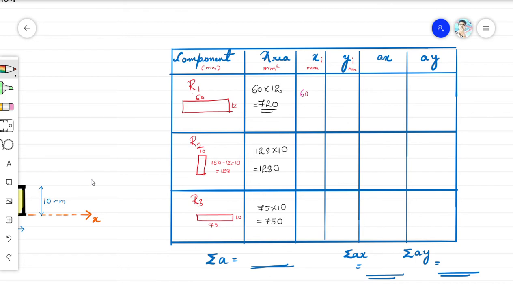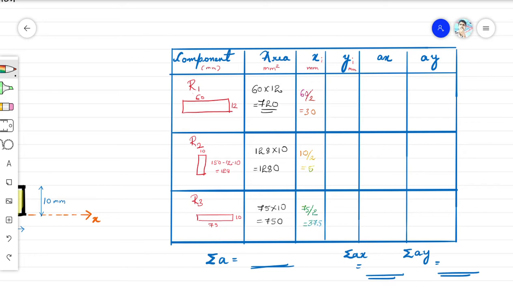That would be 60 by 2, so it is 30, and here it is 128 and 10, and 10 is a distance, so 10 by 2 is equal to 5, and here it is 75 by 2, that gives me 37.5. Okay, these are the distances.